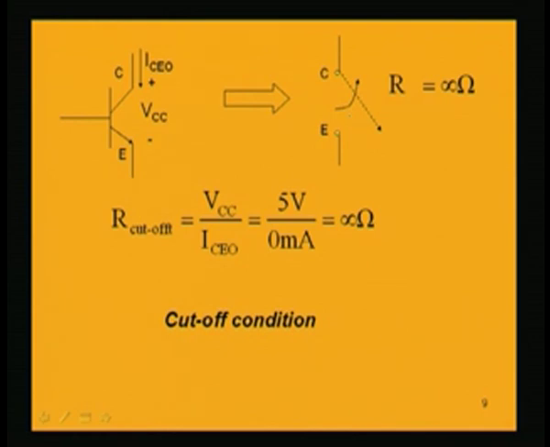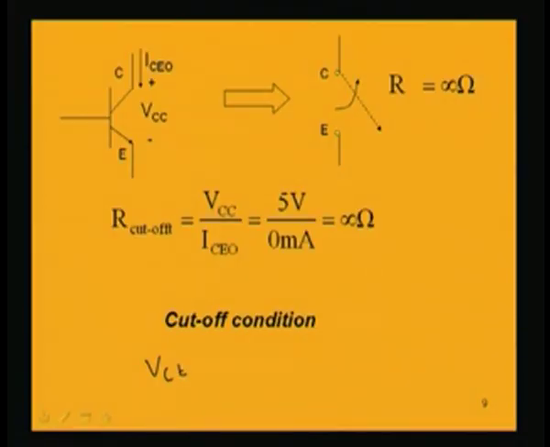That is why in the cutoff condition, the transistor can be well assumed to behave like an open switch. This analysis shows us that we can use the transistor in these 2 modes of operation, saturation and cutoff, to switch on or switch off.